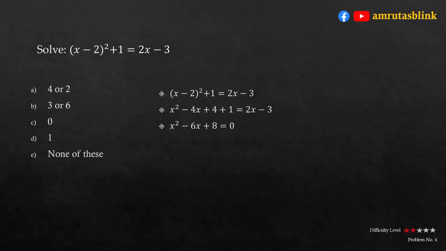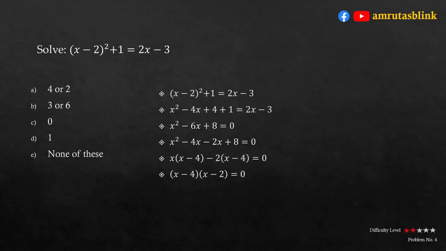Now, we need to find out two factors of this plus 8 which will give summation as minus 6, which is nothing but minus 4 and minus 2. Hence, x square minus 4x minus 2x plus 8 is equal to 0. So, x into bracket x minus 4 minus 2 into bracket x minus 4 is equal to 0.